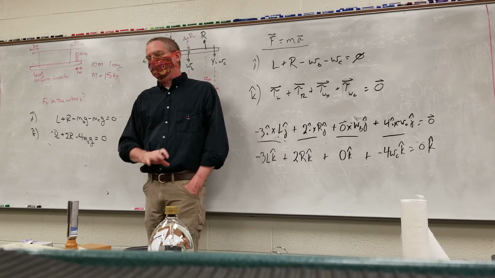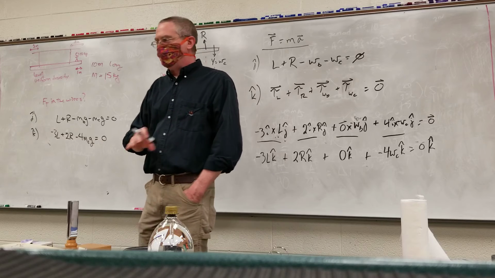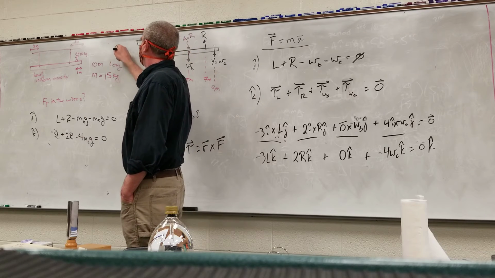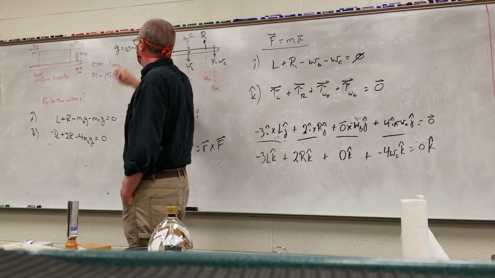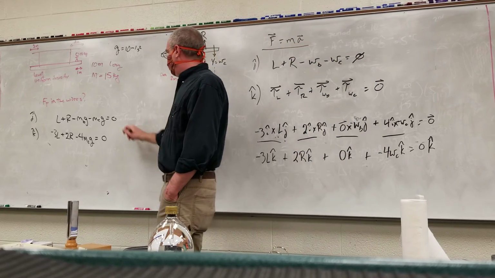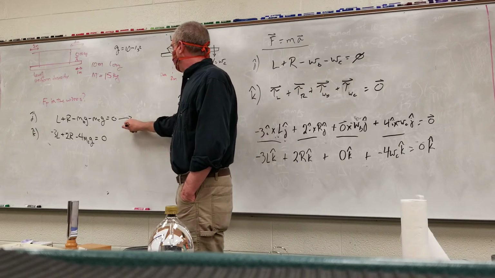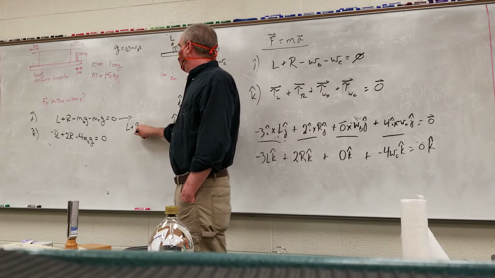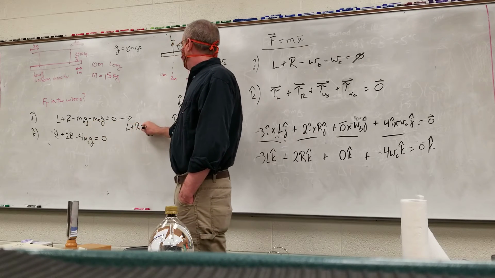Just for the sake of ease, let's assume this takes place on a strange planet where G is equal to 10 meters per second squared. So this equation right here becomes L plus R equals 250.